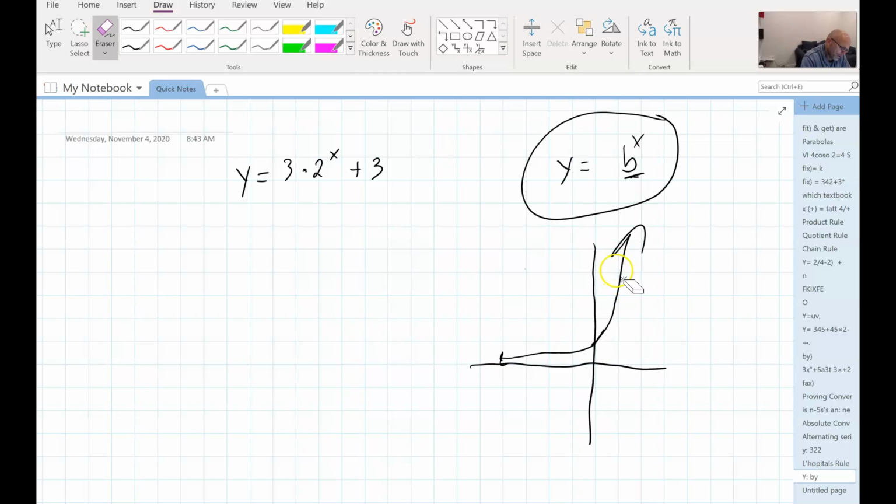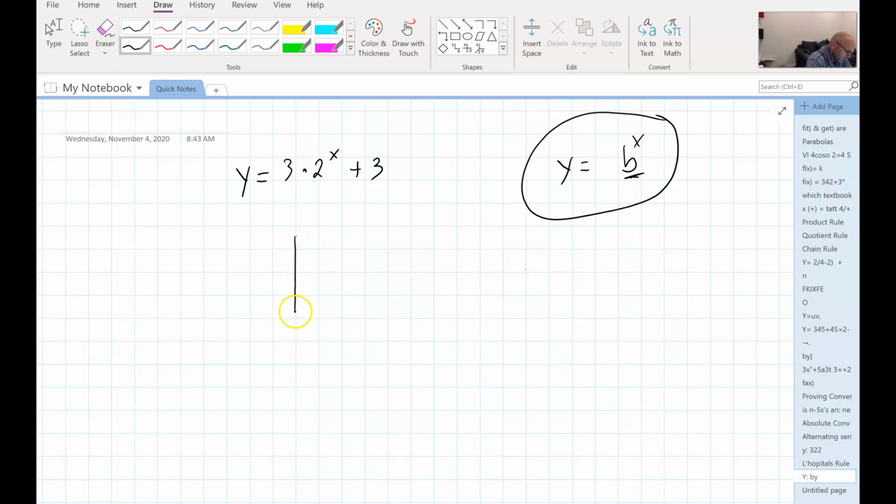So we want to look at how that changes based on some of the transformations we've talked about. Here's a good example. We've got 3 times 2 to the x plus 3. So we all know the basic y equals 2 to the x would look something like this. It would get closer and closer to 0 on this side.